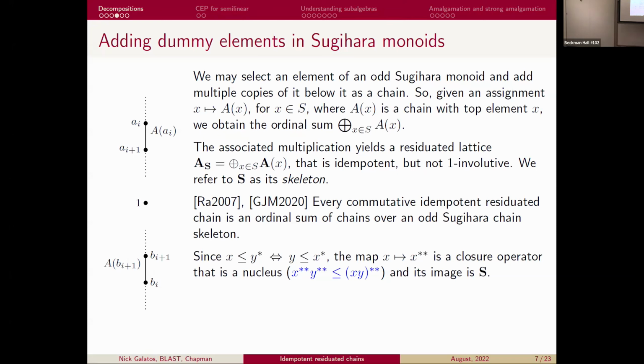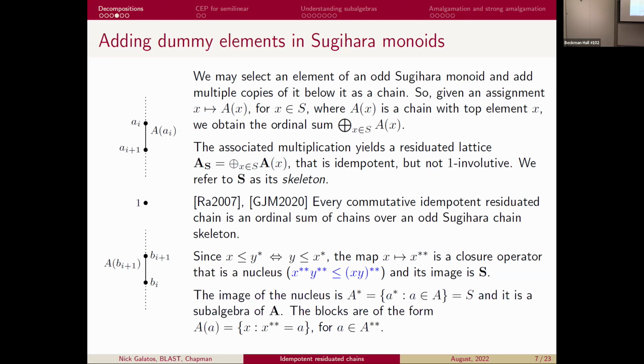That's called a nucleus. But the image is the skeleton. So this gives you the skeleton as an image, and as pre-image of every point, you take a fixed element of the image, and you look at all of the elements that double star to that point. That gives you exactly the local chain, and you get the decomposition. And that's the end of the story.